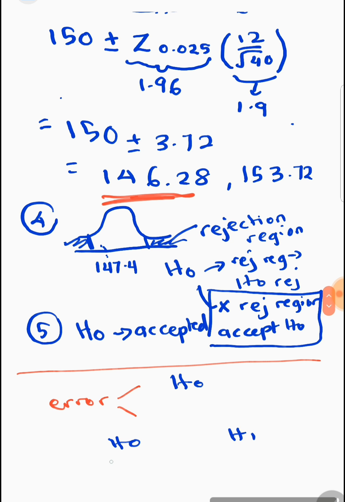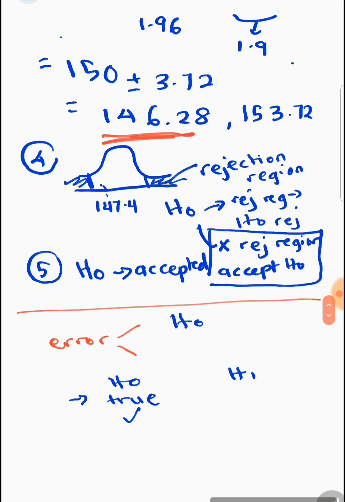All right. So when my H0 is true, just like what I have in the example here, and then I accept H0, of course, this is correct as it is, right? Let's say actually H0 is true, but somehow there's a miscalculation or something, and it turned out that you actually reject H0. And in fact, you claim that H1 is correct.